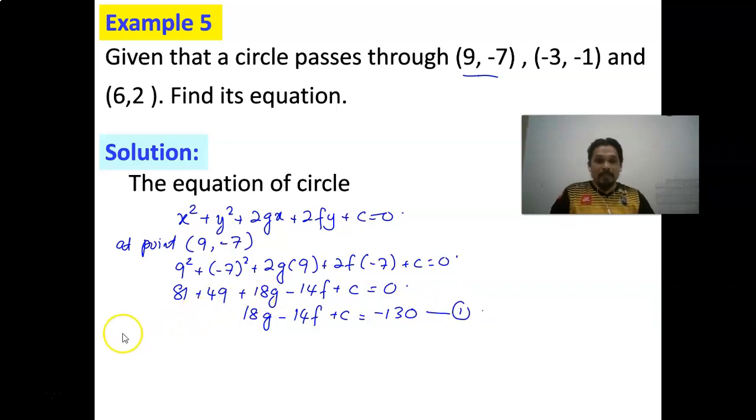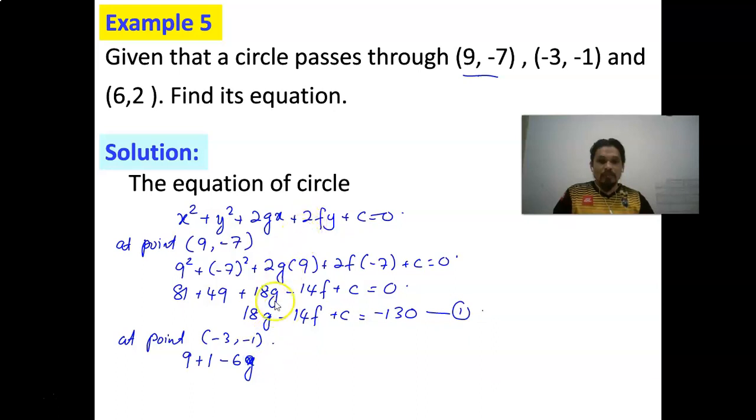At the point (negative 3, negative 1). I'm not going to show the substitution of the values of x and y one by one. We just count straightly: negative 3 squared equal to 9, negative 1 squared equal to 1, and 2 times negative 3 equal to minus 6g.